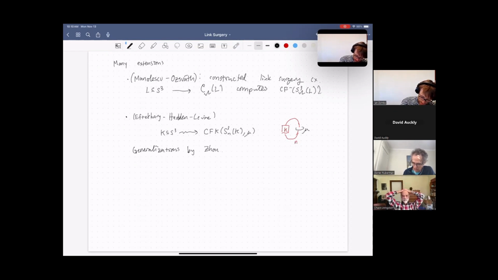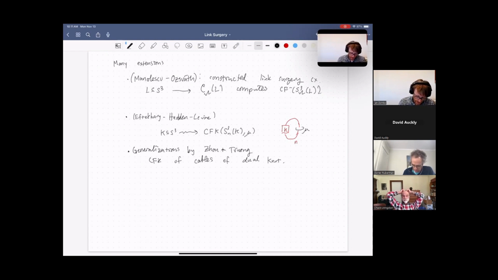Maybe they're independent, but Zhou's work builds off of Truong's work, and this computes CFK of cables of the dual knot, not all cables, but many cables of the dual knot. And this has had some nice topological applications.